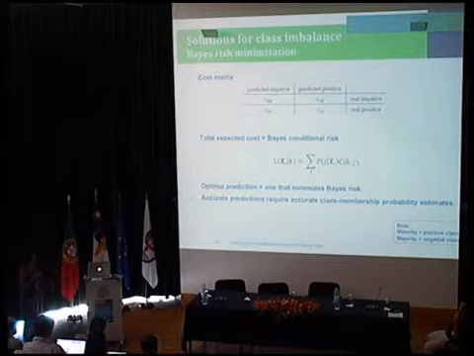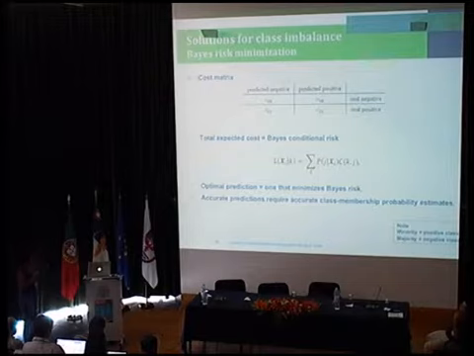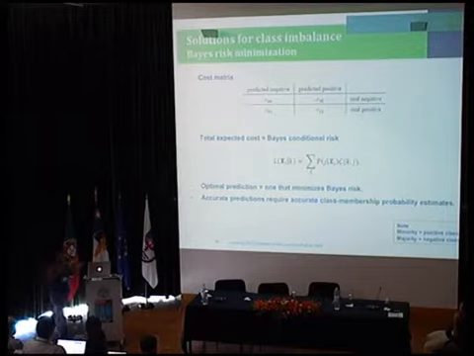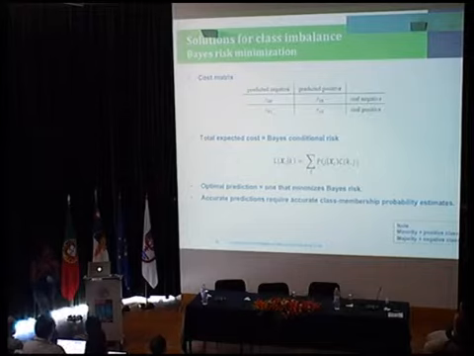Okay, so in this case of this type of imbalanced learning, what we call minority is our positive class, okay, and the majority class will be the negative class. So it's the other way around.